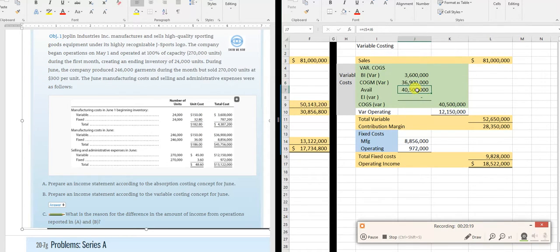Okay, this gives me available of 40,500,000. I subtract my ending inventory, which is 0, and then I have my variable cost of goods sold. You're going to find out in the solution, since the costs were the same, 150 and 150, I could have just taken, and I know that I had no ending inventory, I could just take 270 times 150, and I get the same number there.